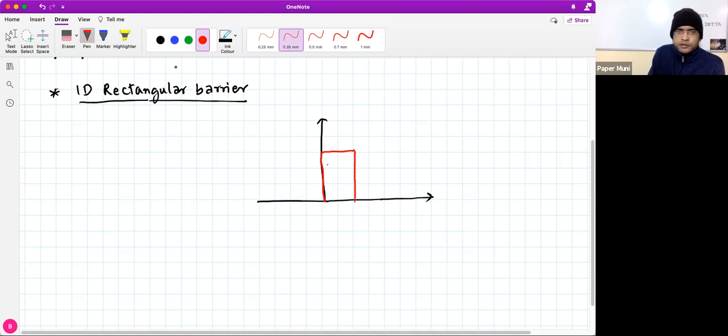Okay, so this is the x-axis, the dimension along which the particle is moving, and this is V naught, the height of the barrier, and this is the V(x) axis, and this point is x equal to 0, and this is x equal to a. Okay, so the width of the barrier is a in this case.